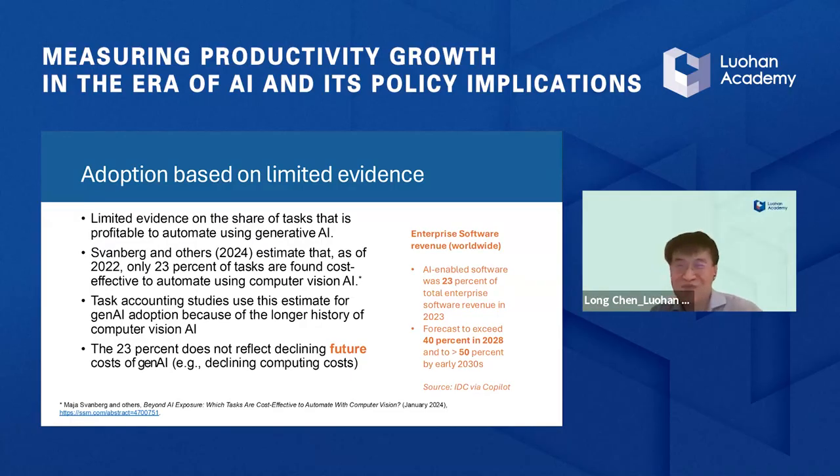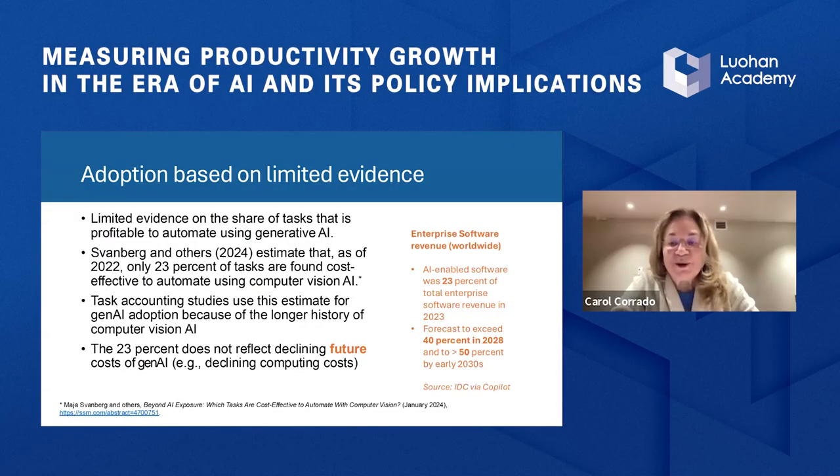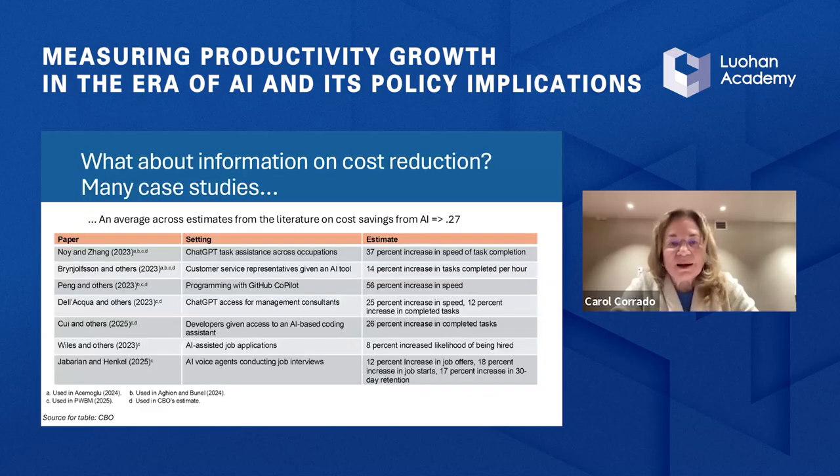But that is forecast to exceed 40% in a short time from now, and then to level off eventually before reaching 2050, in the early 30s, the sort of normal curve. So this 23% does not reflect declining future costs that might boost the adoption rate, is the bottom line. I consider that a weak link in the study.